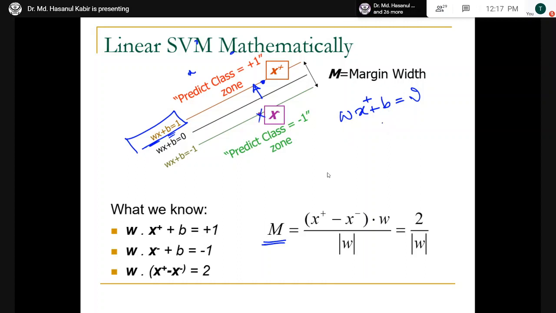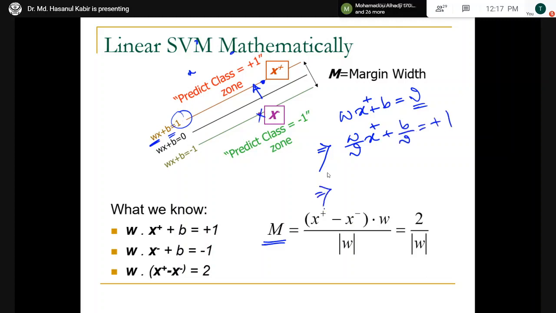But I said that for the positive sample, this has to be equal to 1. So do you have equal to 1 over there? You don't have. But we can do it very simply. If I bring this value v on the left hand side, we have w divided by v, but w is a vector, still you can normalize it: w over v plus b over v is going to be equal to +1, right?